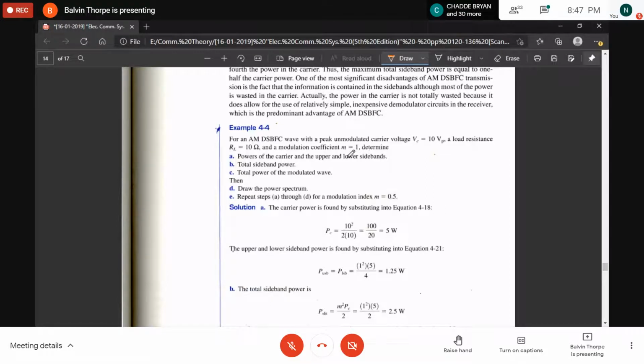It has a load resistor of 10 ohms, and it has a modulation index or modulation coefficient of 1. M equals 1. What do we say about a modulation index of 1?